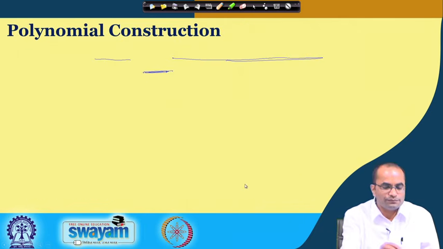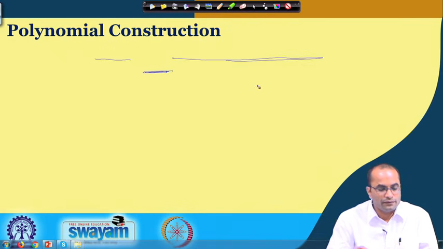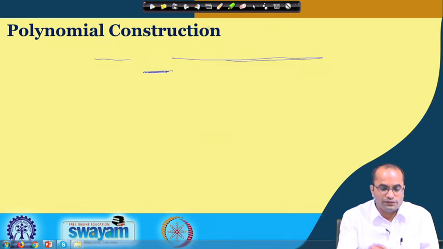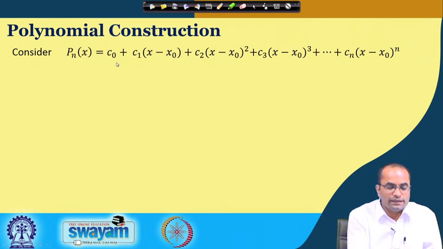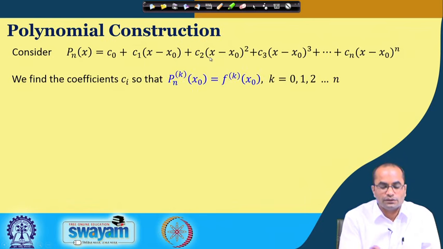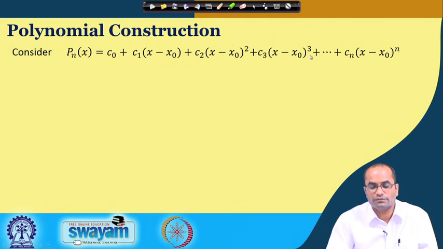So, we assume here a general polynomial of degree n. We take p n x as c 0 plus c 1 times x minus x 0, plus c 2 times x minus x 0 squared, plus c 3 times x minus x 0 cubed, and so on up to c n times x minus x 0 to the power n.